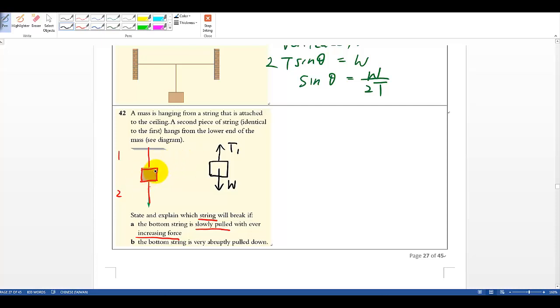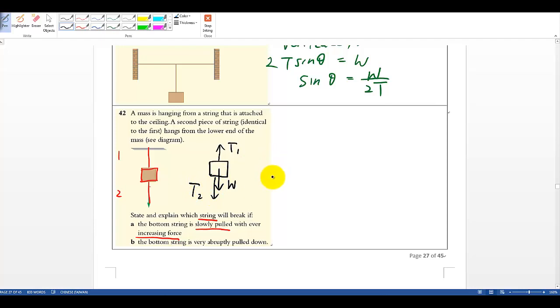Think about this: if the box is not moving, there must be a certain force pulling it up, right? So that must be the string pulling it up. Let's call it T1 from string 1, or upper 1. If you like to use up, U is fine too. And then there is another string that is what we are pulling right now, and I call it T2.